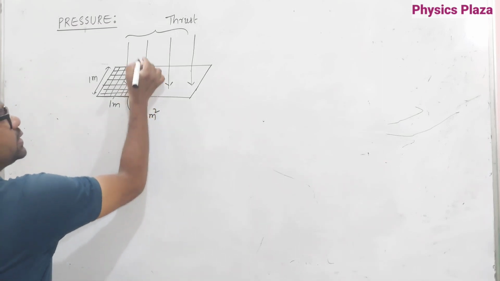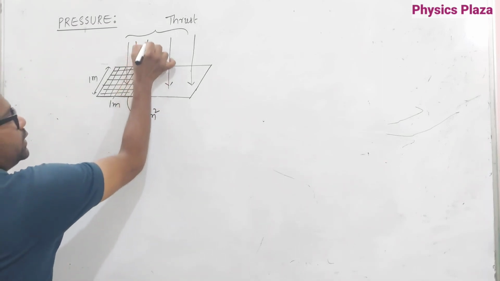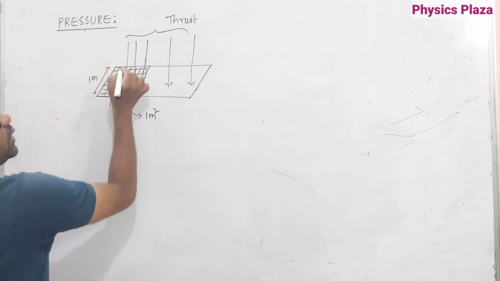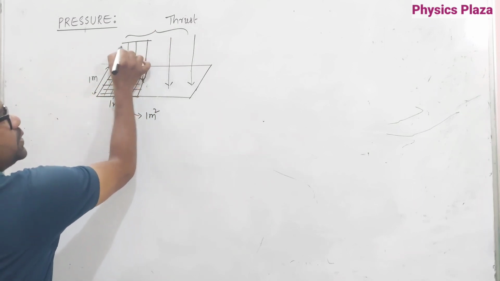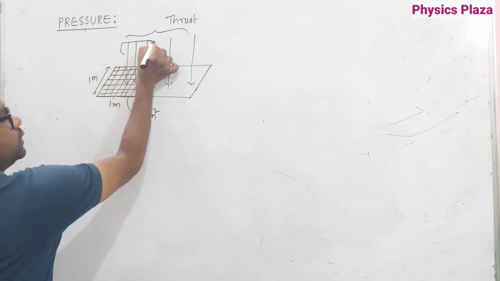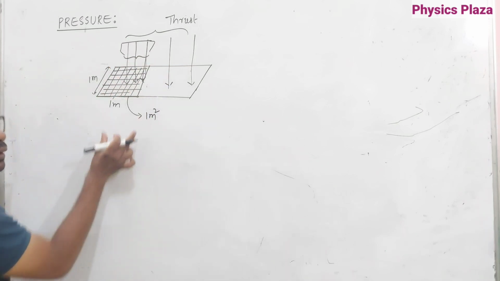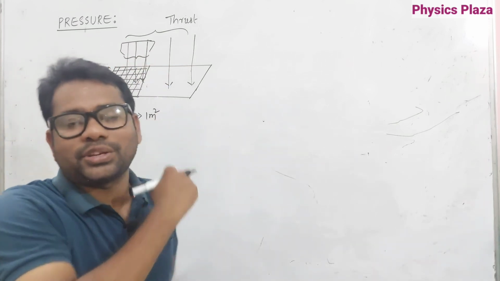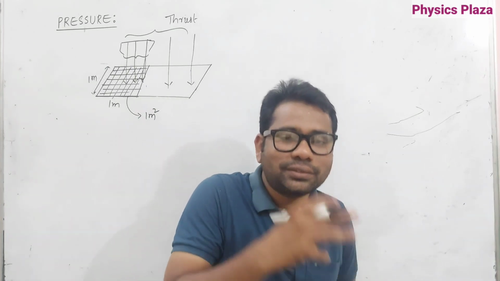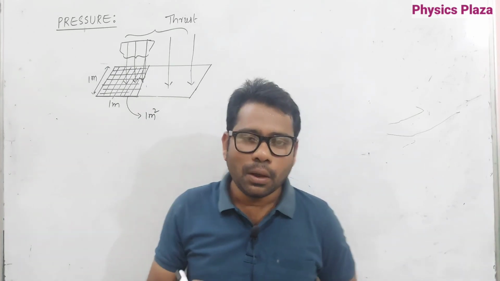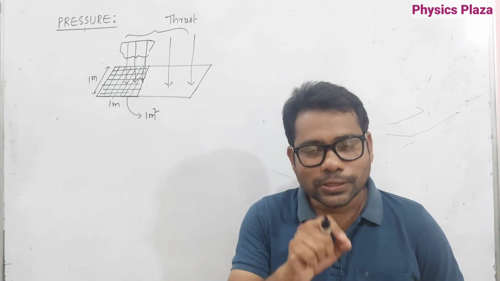Now let us say this is thrust acting here. This thrust acting per unit area is called pressure. How much thrust is acting per unit area is called pressure.